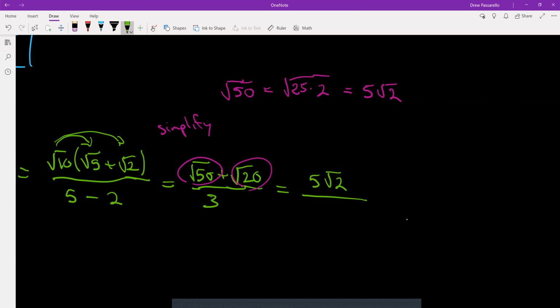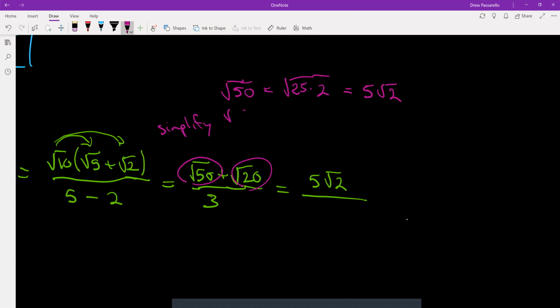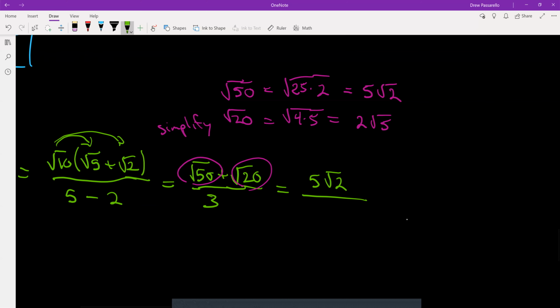Now the square root of 20, well, I know 4 times 5 is 20. You can take the square root of 4, that's 2. So that's going to be 2 square root of 5. So this would be plus 2 square root of 5, and all of that's divided by 3. And that's the answer. That's what it is after you rationalize.